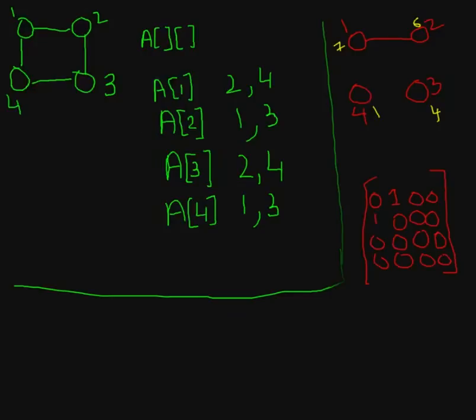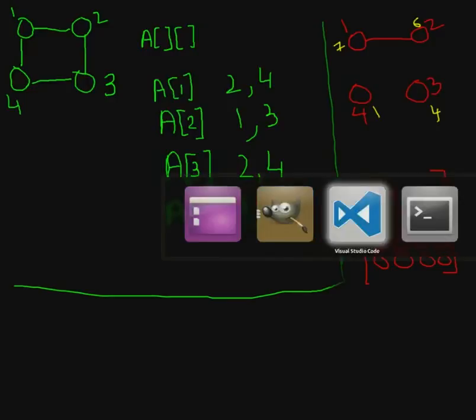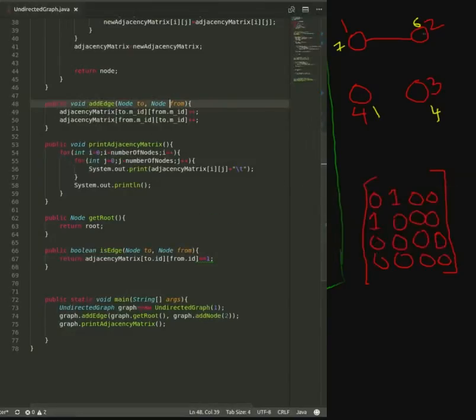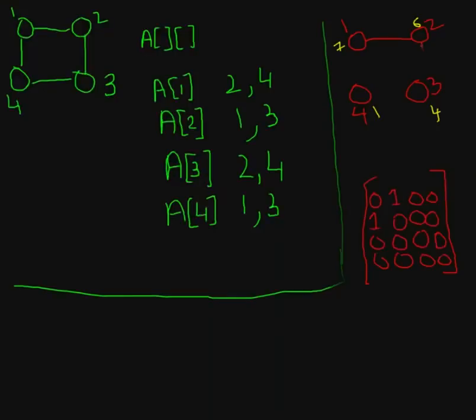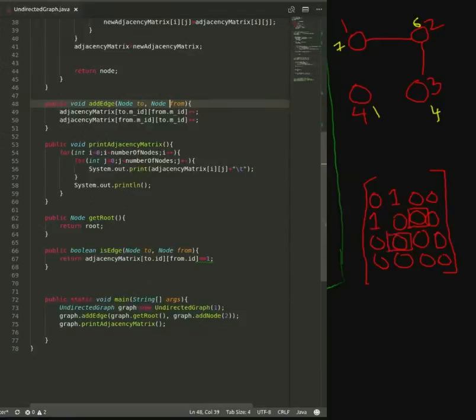And we're going to write a 1 over here. Okay, and you can do that for any number of edges. When you connect 2 and 3, then the value at 2, 3 and the value at 3, 2 will change to 1, and so on.